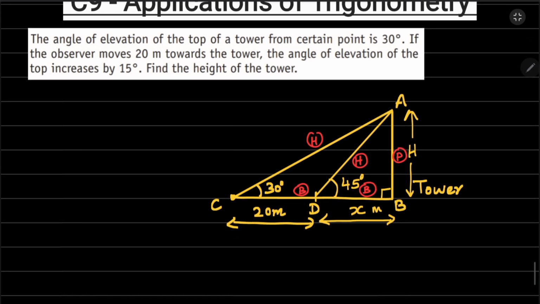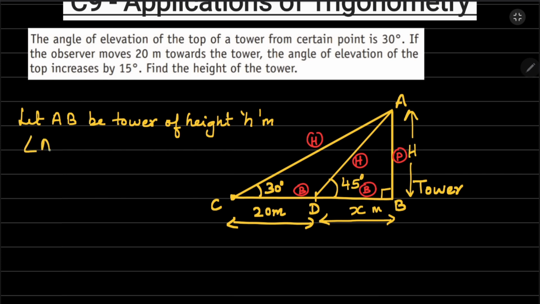If you're asked a similar question in your exam or a test, how should you write? You can write: let AB be a tower of height H meters. Angle ACB is equal to 30 degrees.